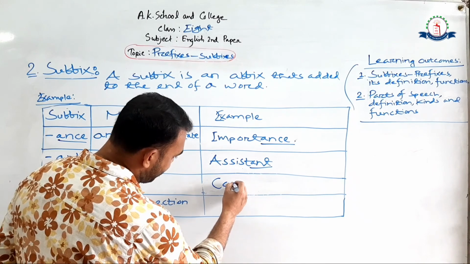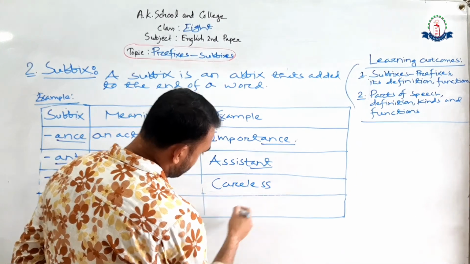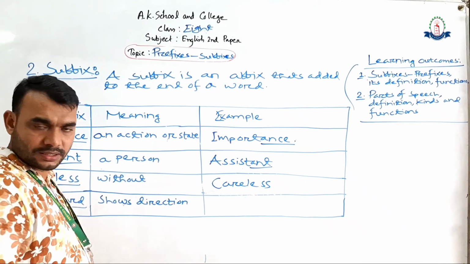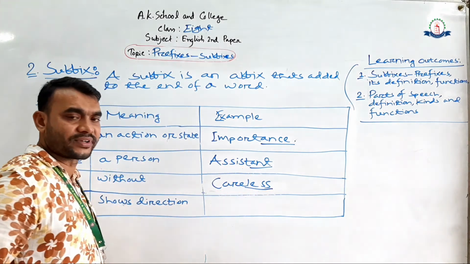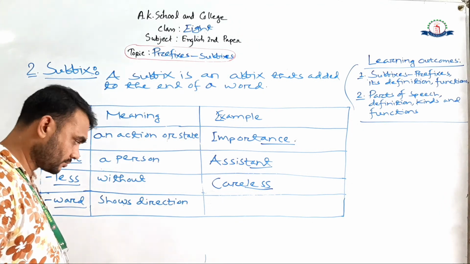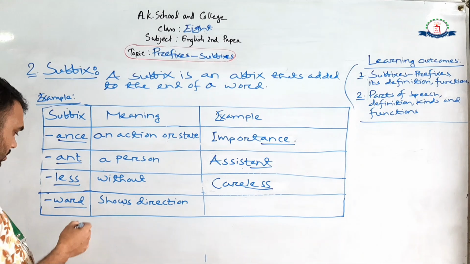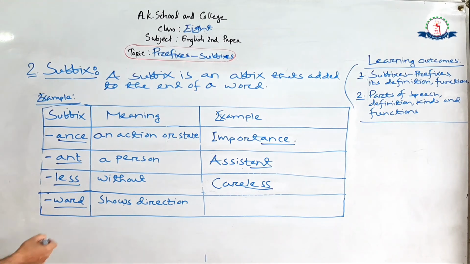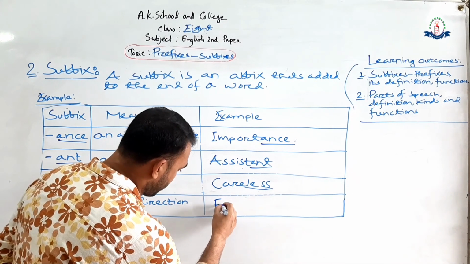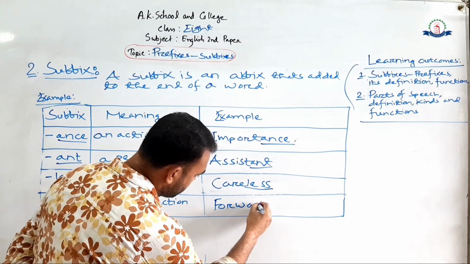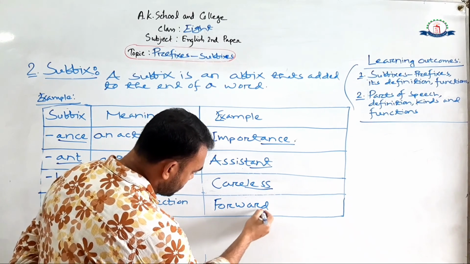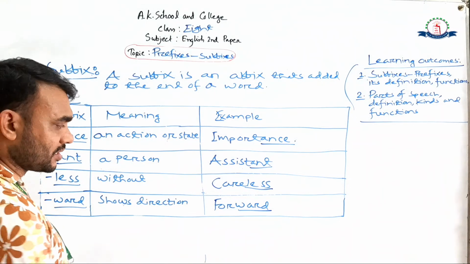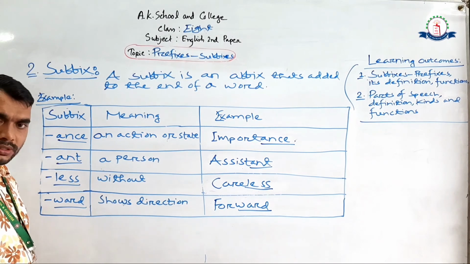So the example will be careless. Here is the word careless, but here less is the suffix. And it's a negative word. In example number 4, here I have written ward, which means it shows direction. So the example will be forward. So here ward is the suffix and its meaning shows direction.